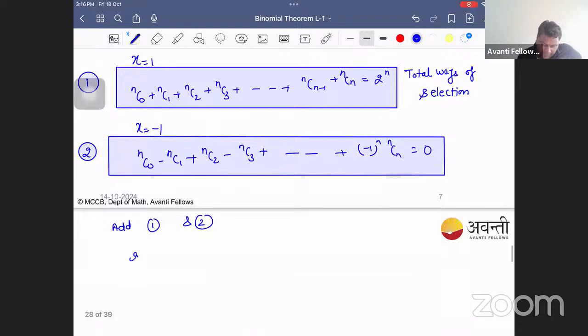You get twice of nC0, twice of nC2, twice of nC4 and so on. Up to which point it goes, that depends on if n is even or odd. So I'm not marking anything up to. So it is 2 raised to the power n.